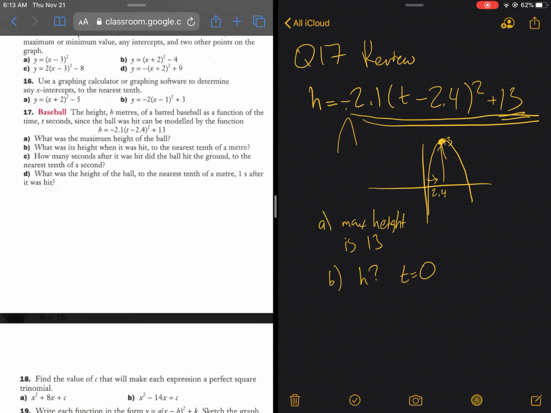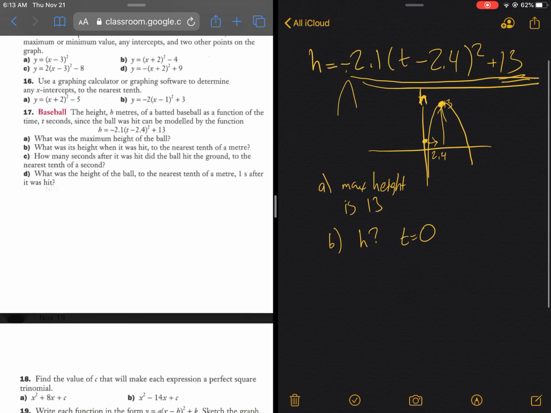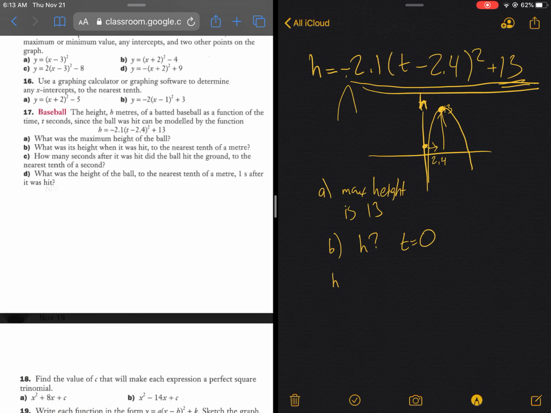I didn't graph this perfectly, but where does it intersect the y-axis, or in this case, the h-axis? The simple solution is pretty straightforward. h equals minus 2.1 times (0 minus 2.4) squared plus 13.